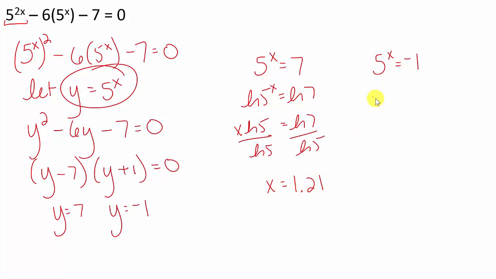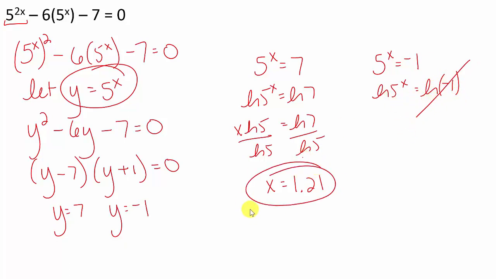Now on this one, when I take the natural log of both sides, what you're going to see hopefully immediately is that I have the natural log of a negative, and I can't do that. That's undefined. It's a domain error, so I can't solve this one. So in this case, this is my only answer.